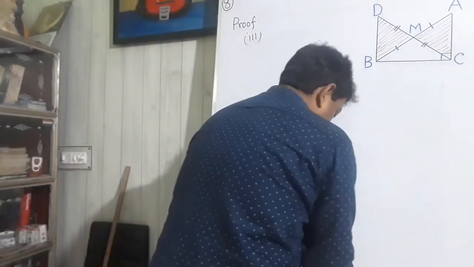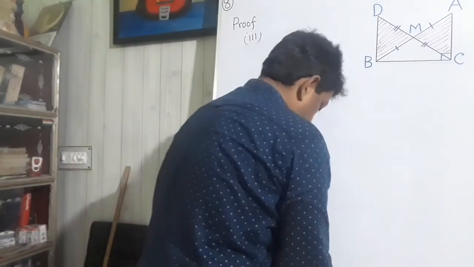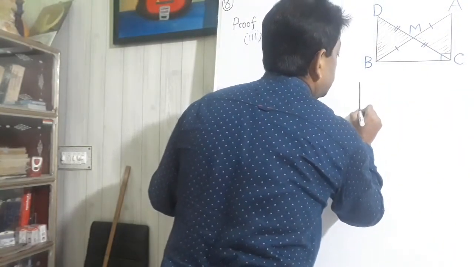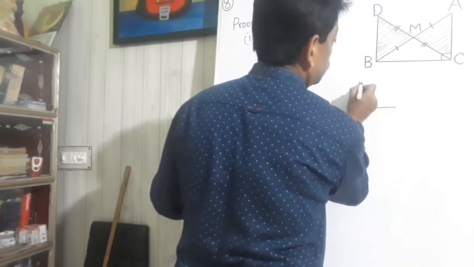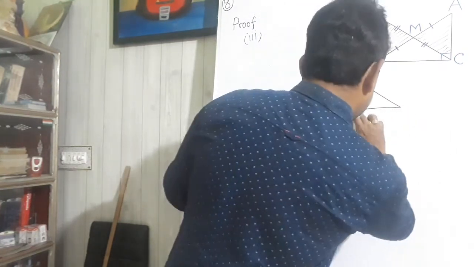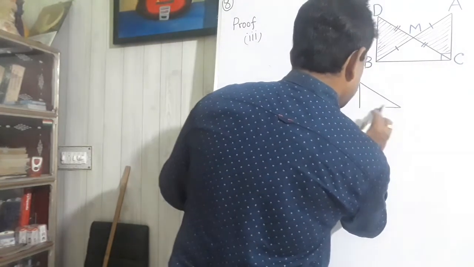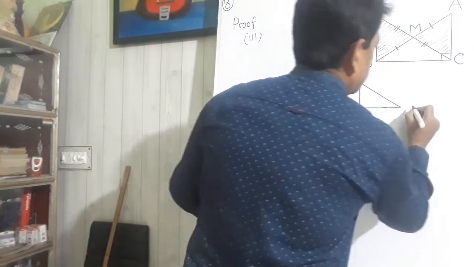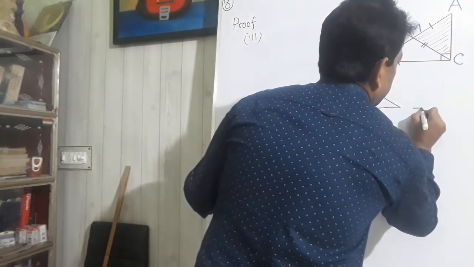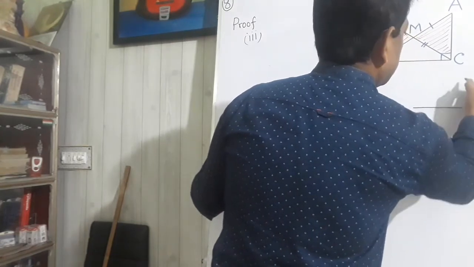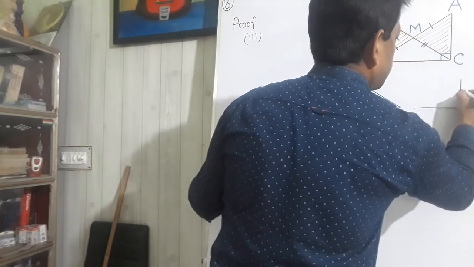First, let me draw the triangle separately. This is triangle DBC, and this is triangle ACB.